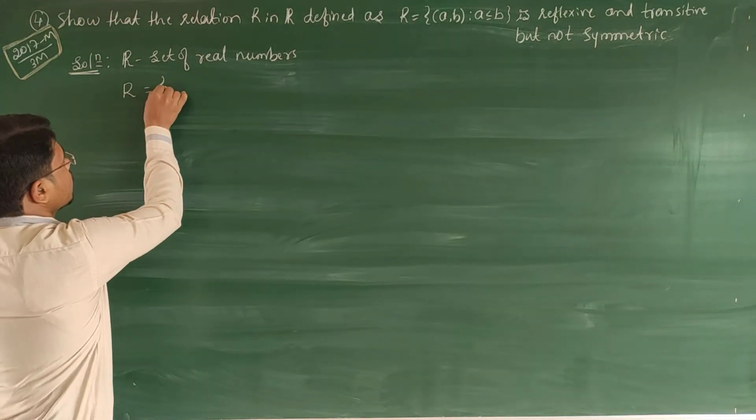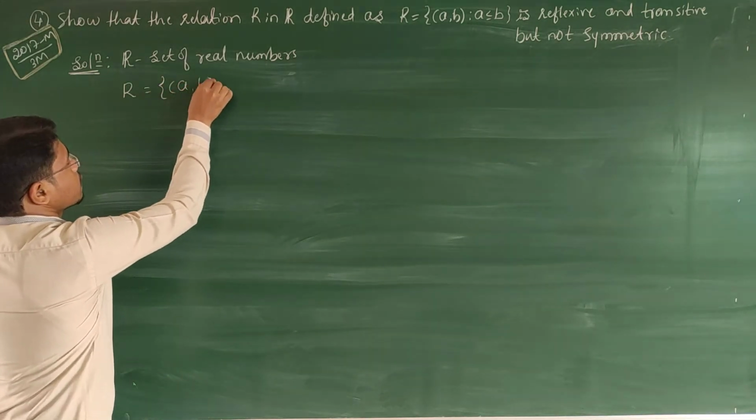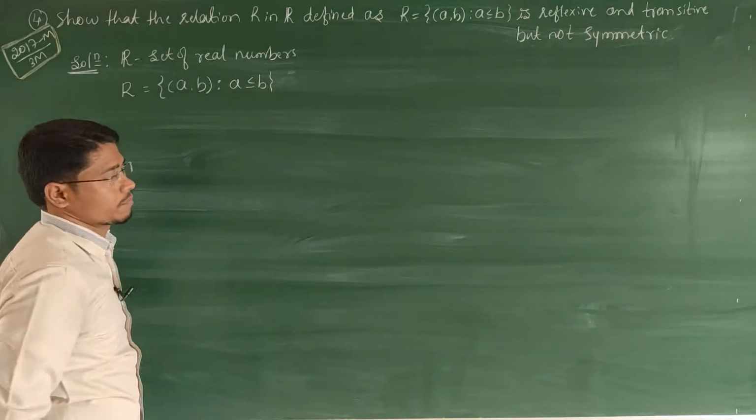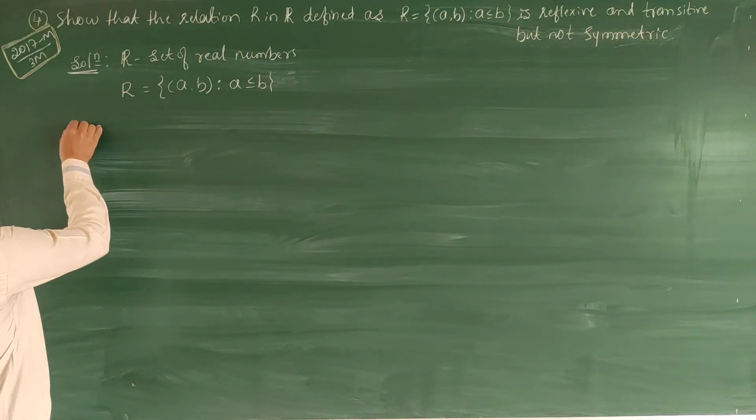R is equal to (A, B) such that A is less than or equal to B.